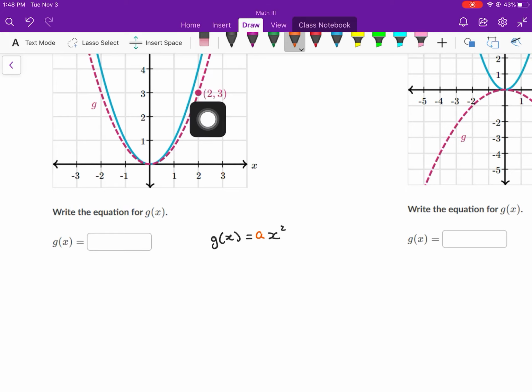Well, we know one of the points here is 2, 3. So what I'm going to do is I'm going to plug in the 2 for the x, and this is the y here. G of x is basically the y. You can think of this as y equals. So if we have the point 2, 3, x is 2 and y is 3.